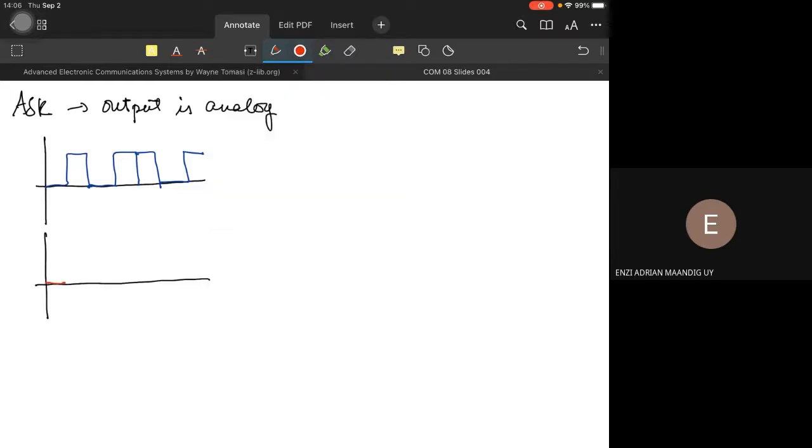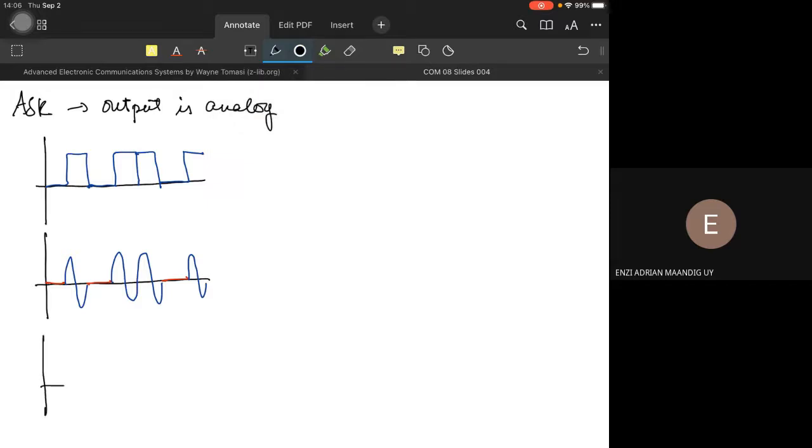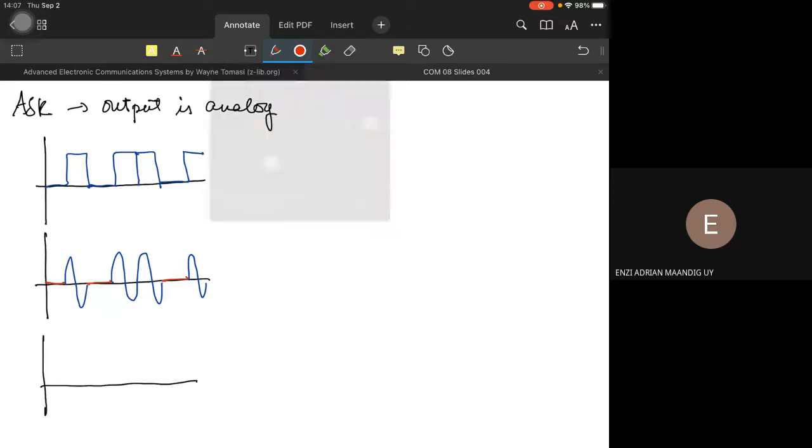Pwede siya pwede gihapon. Sa off, dili necessarily zero. Okay? Na times nga non-zero volts ang logic zero. Pwede ing ani.